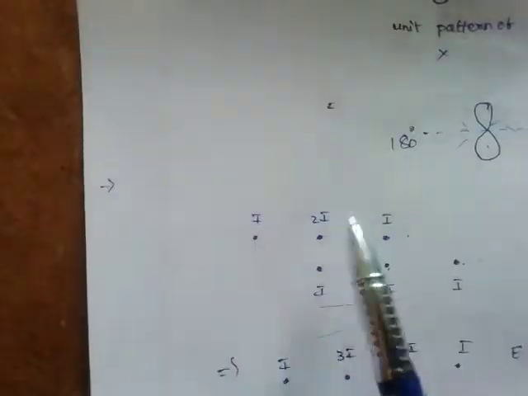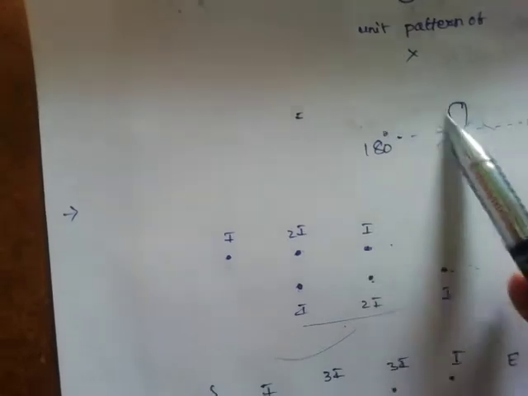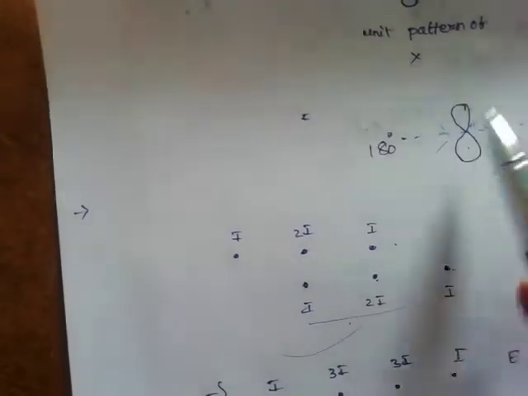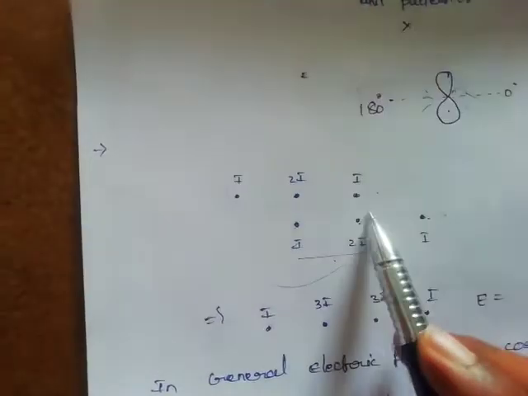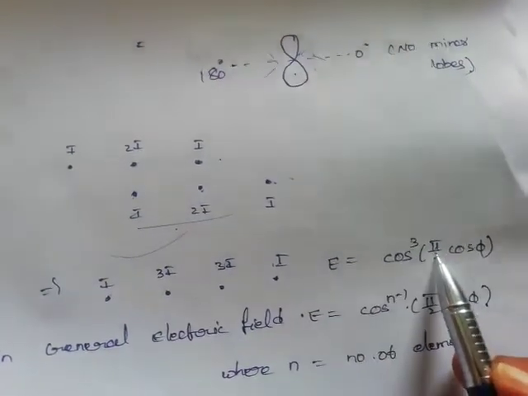By arranging like this, we are going to reduce the minor lobes. So if you combine this, what do we get? I, these two combinedly form 3I, these two combinedly form 3I, and again I. So what is the electric field? Cos cube of pi by 2 cos phi.